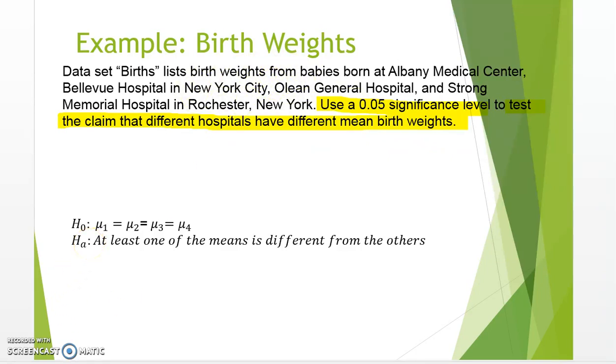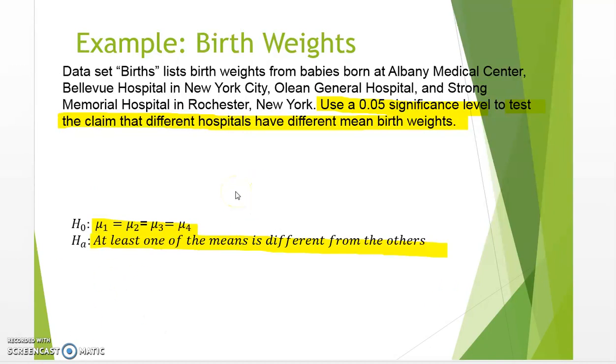So that fits the ANOVA test. The null hypothesis says all the means are equal. The alternative hypothesis says at least one of the means is different from the others. This is the standard hypothesis in the ANOVA test that we have learned.